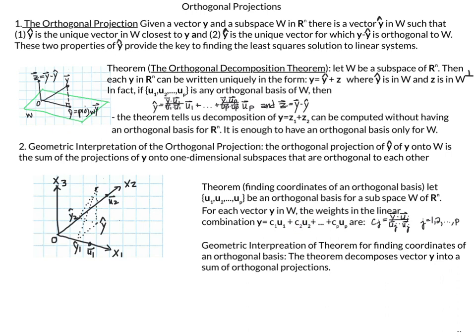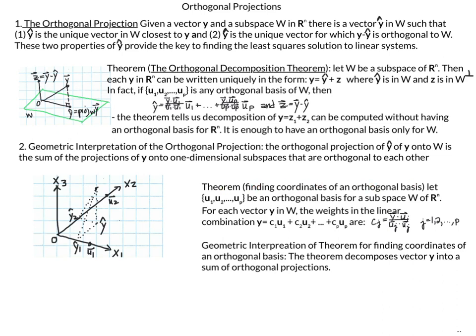So when we dotted y with u1, all of this would go away and we'd be left with y dot u1 is equal to c1 u1 dot u1, which meant c1 is equal to y dot u1 over u1 dot u1.